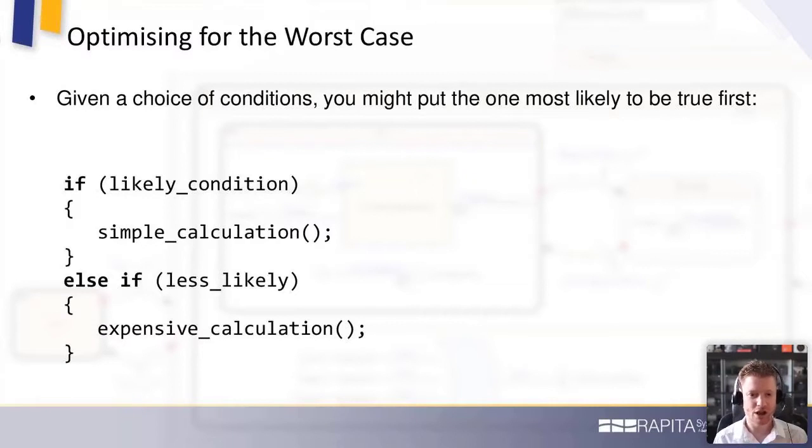Given a choice of conditions, most people will put the one that's most likely to be true first. That's just your intrinsic, as a programmer, this feels efficient. The one that's true 99% of the time, we'll put that one first, so that there's no point first checking the one that's very rarely true.